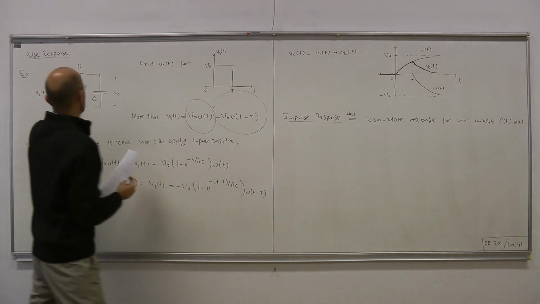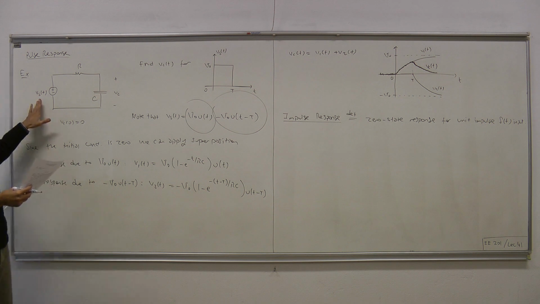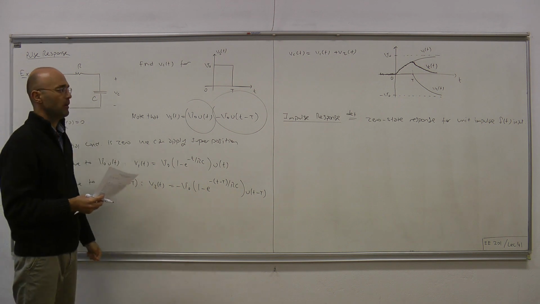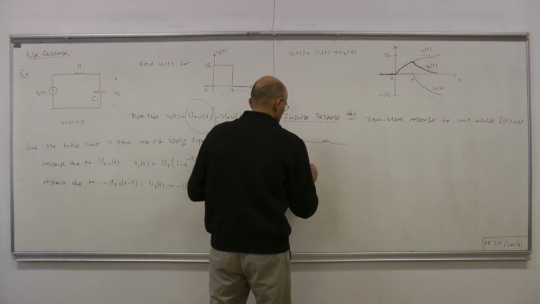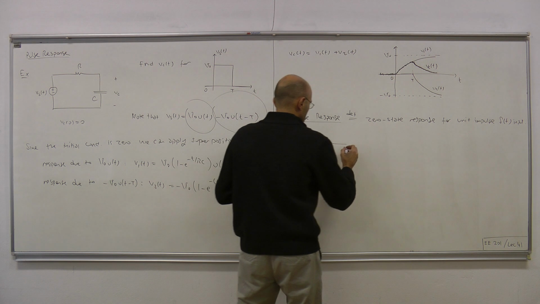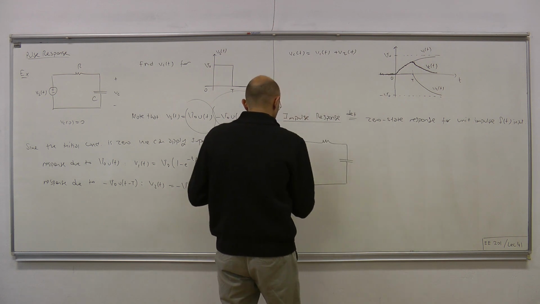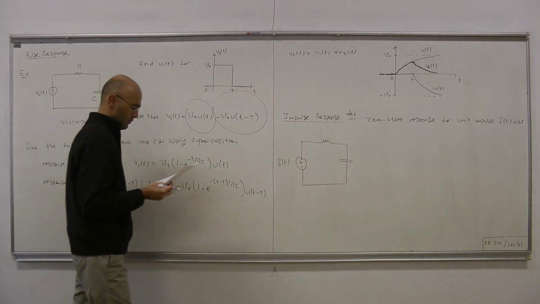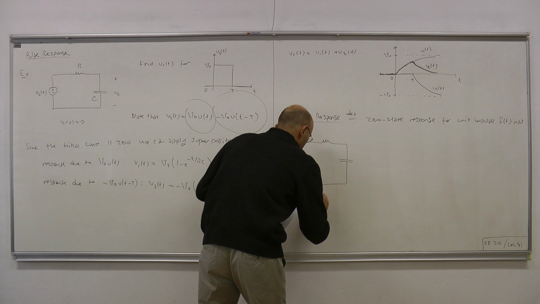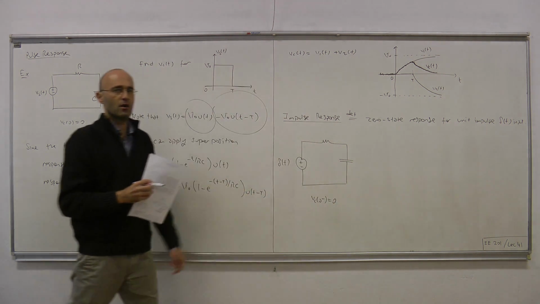Now let's consider the same circuit. This is where we apply the input, and now Vs of t is the unit impulse function. So let me redraw the circuit. Plus minus. Now we're applying delta t as the input, and the initial condition is 0.